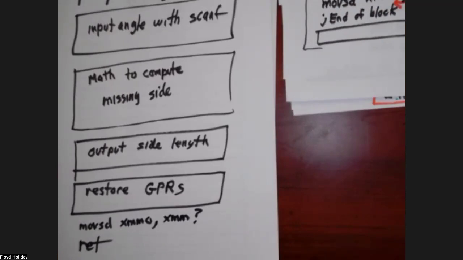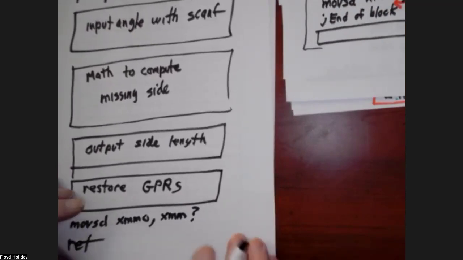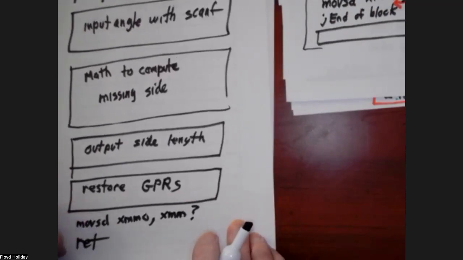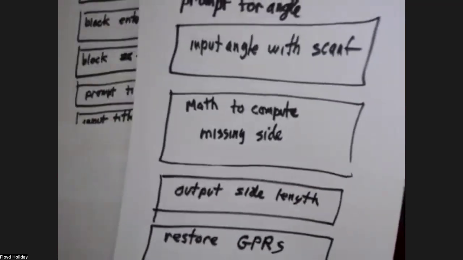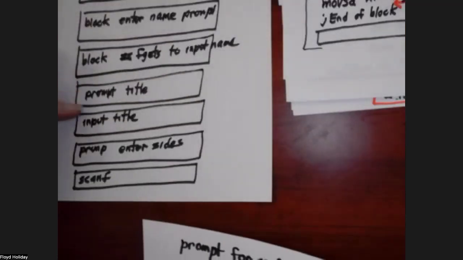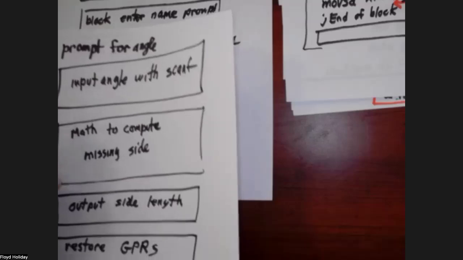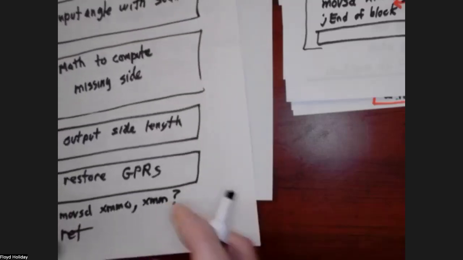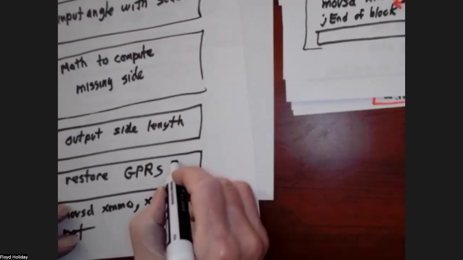So the whole main program is this sequence of blocks, each one doing a tiny fragment of the big picture. Block, block, block, block. You come back to restore. These are a bunch of pops.